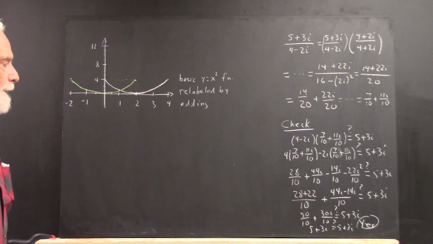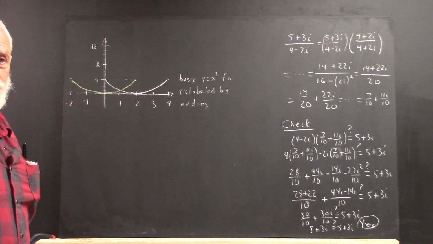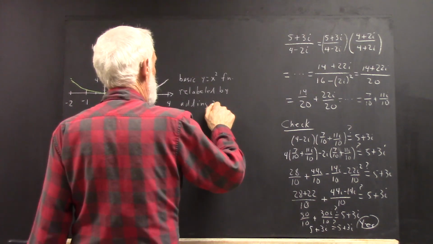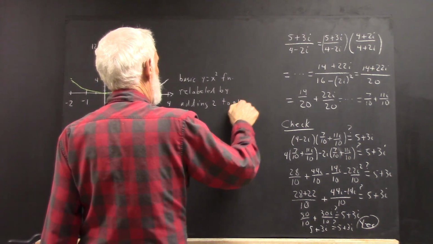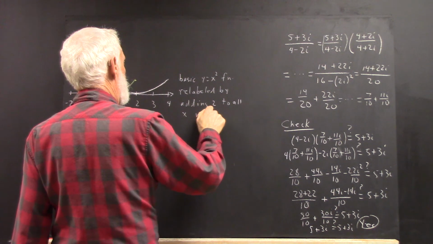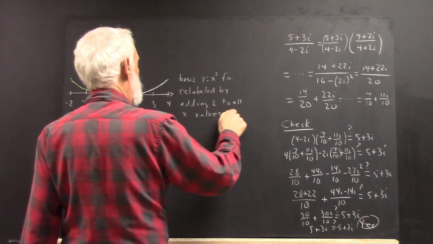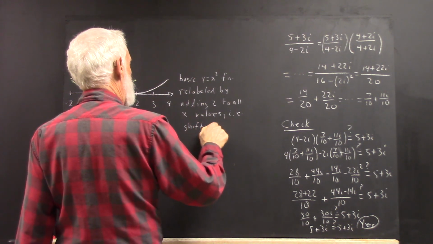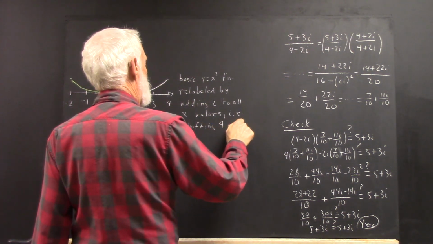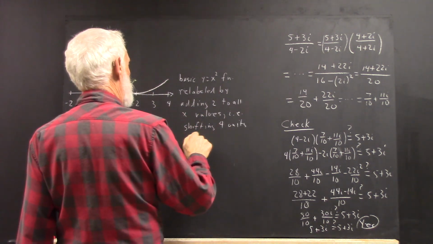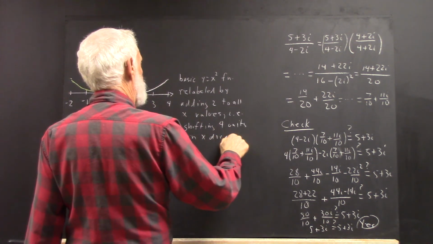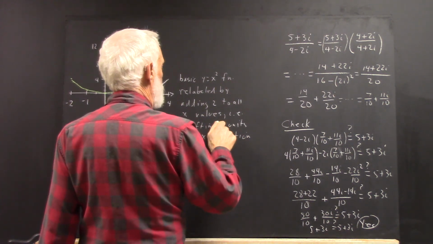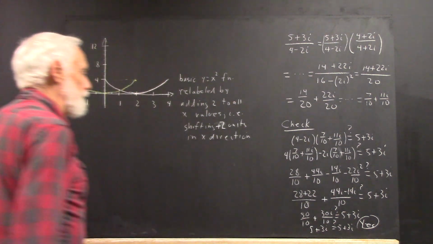Relabeled by adding what to all the x values? We add 2 to all the x values, right? So that's the same as shifting plus 4 units plus 2 units in the x direction.